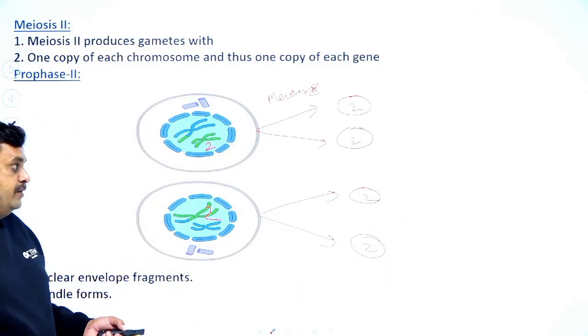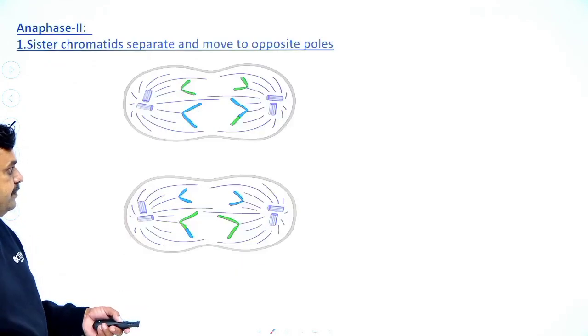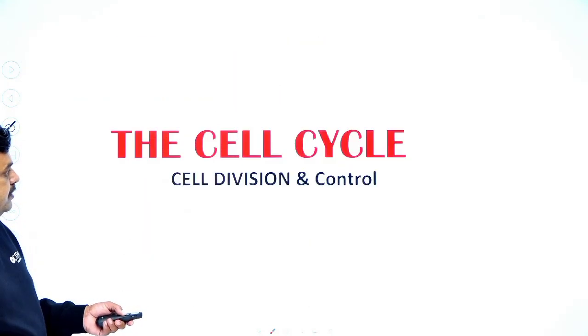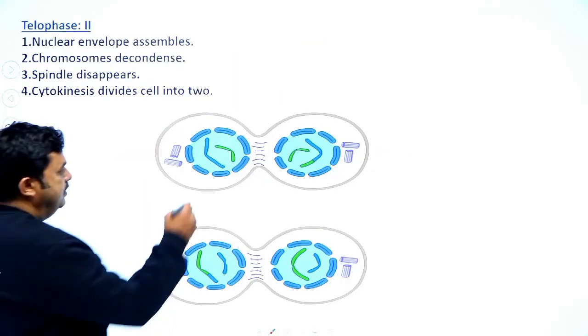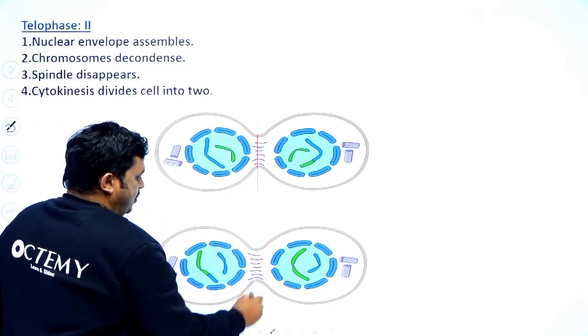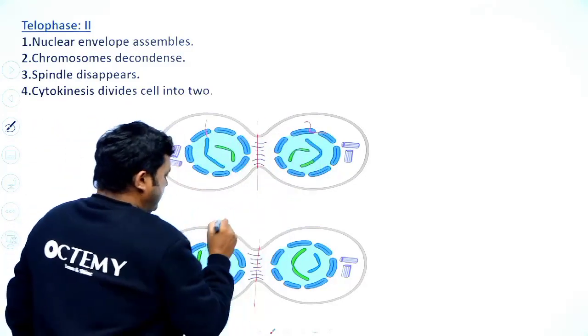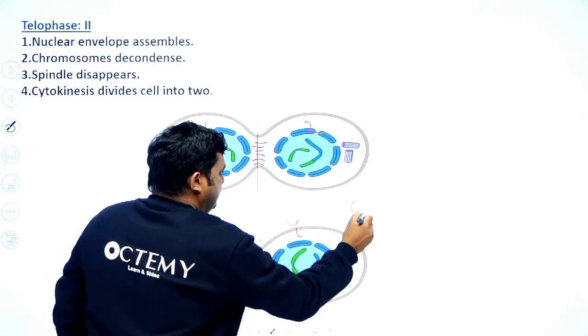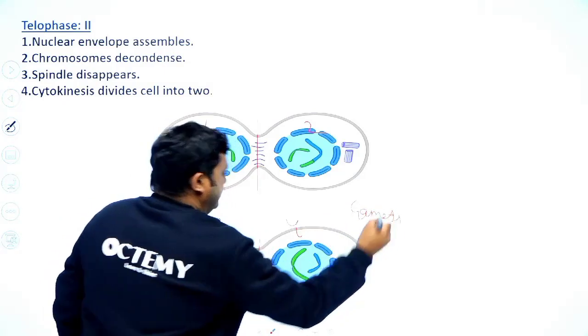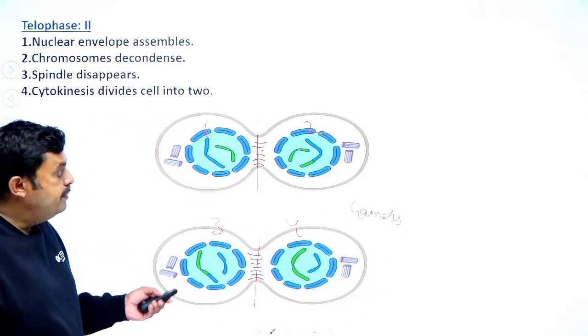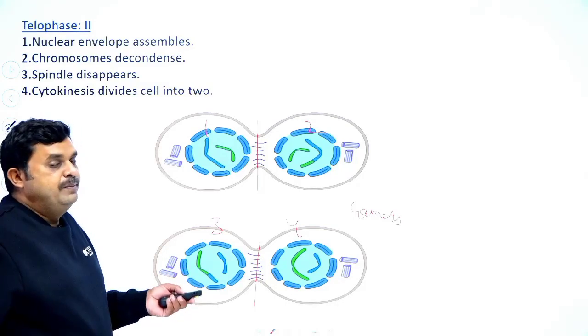Totally 4 gametes will be formed. I will show this. You see, total 4: 1, 2, 3, 4 gametes are formed. So at the end of meiosis, 4 gametes will be formed.